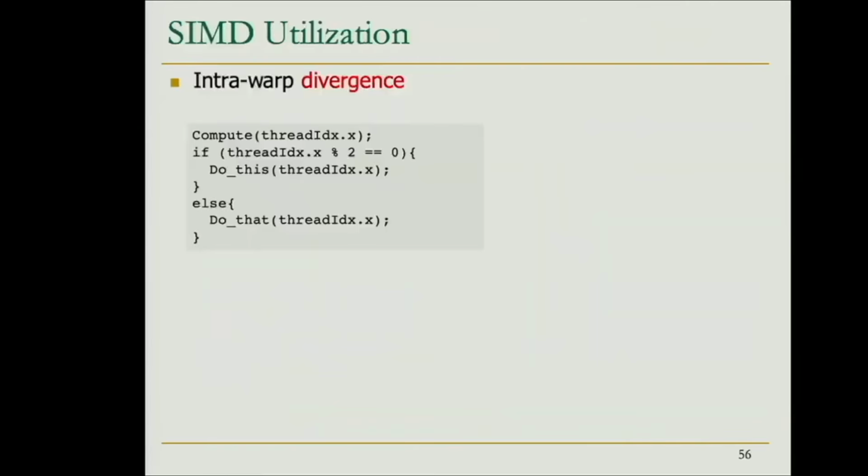Let me give you a better example, let's say in code, of intra-warp divergence. Something like this, for example: we do some computation here. In principle, there is no divergence in this initial part, but then at some point we have this if-else statement, and now we want even threads to do this and odd threads to do that.